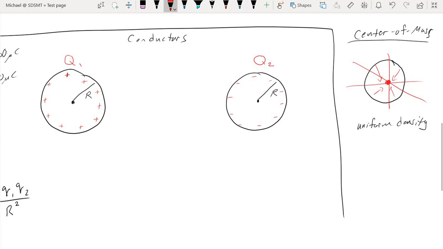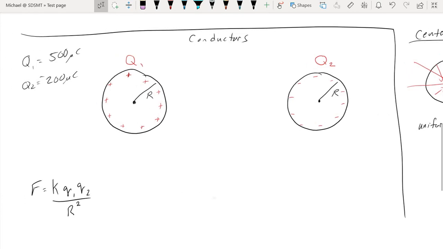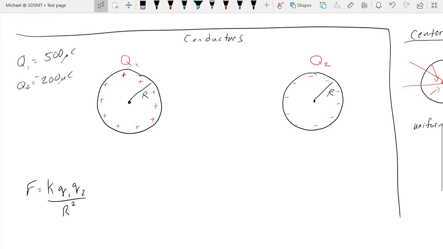Well, we're not using mass anymore, we're using charge. And because these are all conductors, we already have the uniform charge distribution. Or if you'd prefer, you could say that we have a uniform charge density.